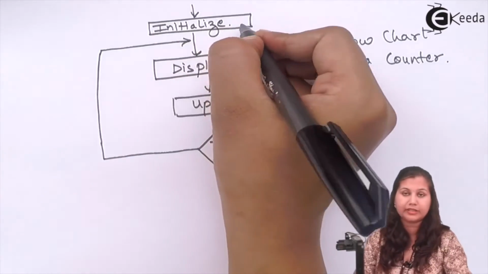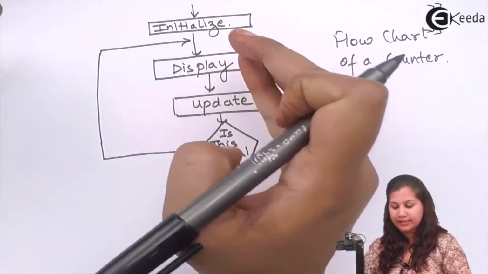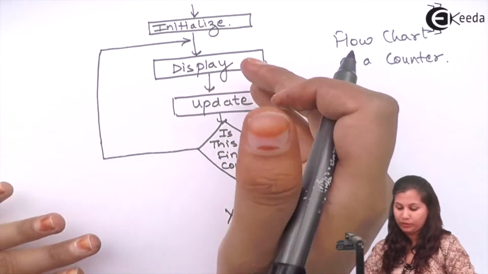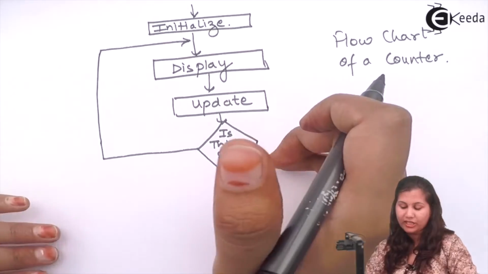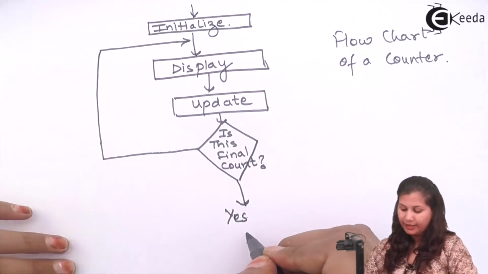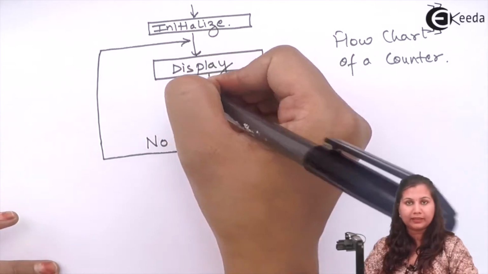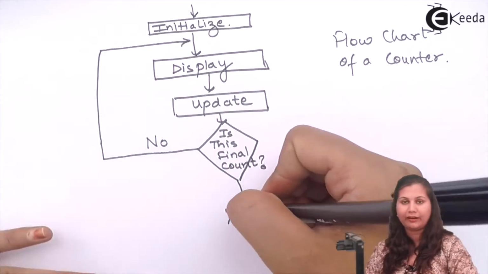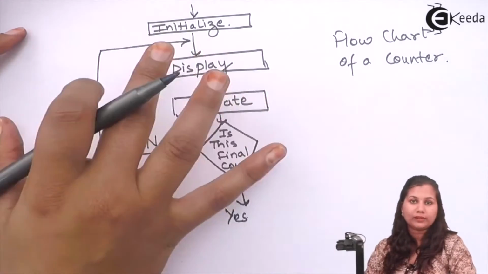What we are doing in the first step is initializing the counter. Then we are displaying the count, that this time the count is this. Every time we are displaying the value of the count. Then we are updating the count, either incrementing or decrementing it. Then we are checking whether this is our final count which we want. If yes, then it will come out of the loop. If no, then again it is going to display the count, update the count, and repeat the same process until we have achieved the final count value. So this is how the counters work.